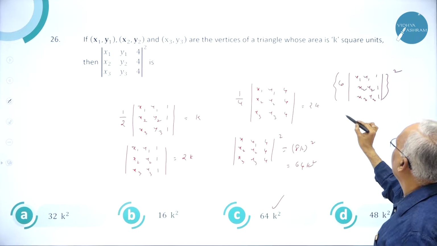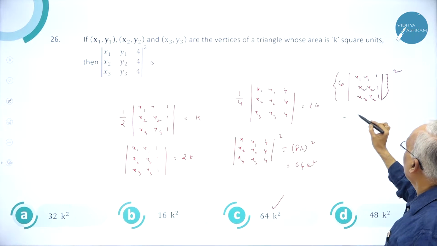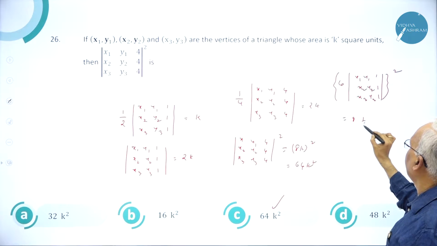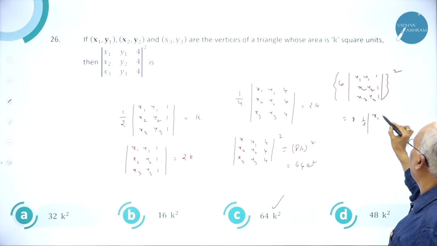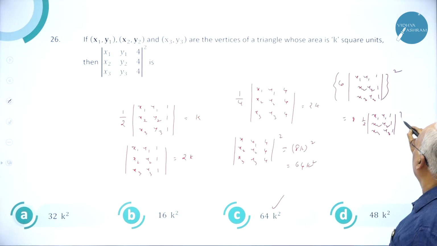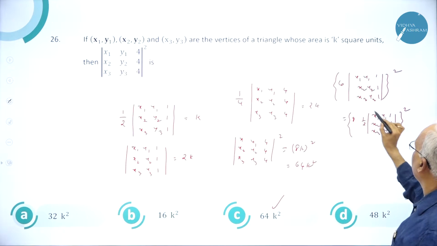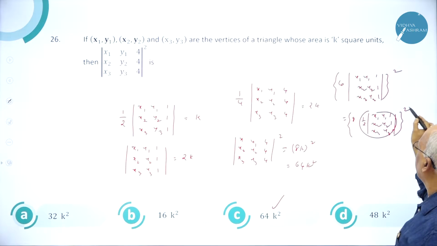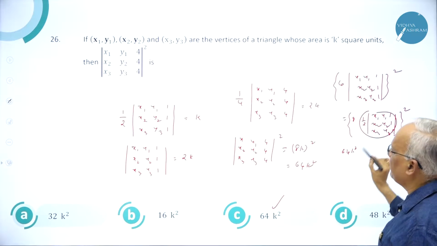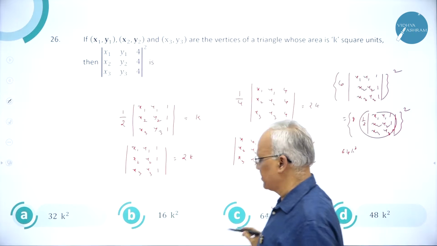That whole squared is equal to, this I can write as 8 into half into the determinant x1, y1, 1, x2, y2, 1, x3, y3, 1, that whole squared, which is nothing but k. So (8k) squared, that is 64k squared. You can do this way also. Anyway, same answer you get, 64k squared.